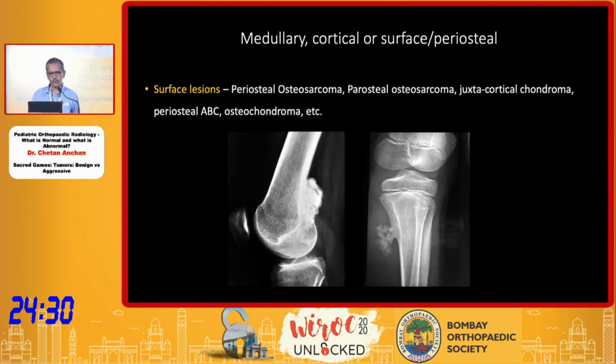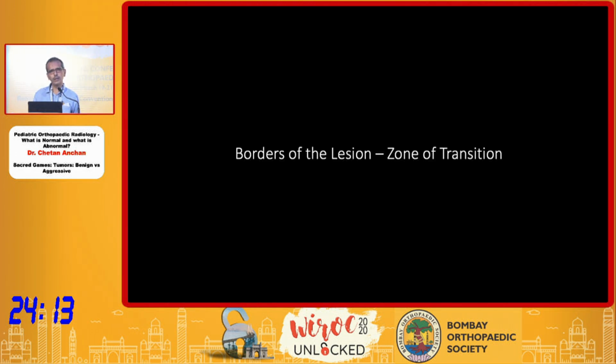Then comes the surface lesions: periosteal osteosarcoma, paraosteal osteosarcoma, juxtacortical chondroma, periosteal aneurysmal bone cyst, osteochondroma, these are all surface lesions of bone. So knowing where this lesion is in relation to the bone really helps you in narrowing down your differential diagnosis.